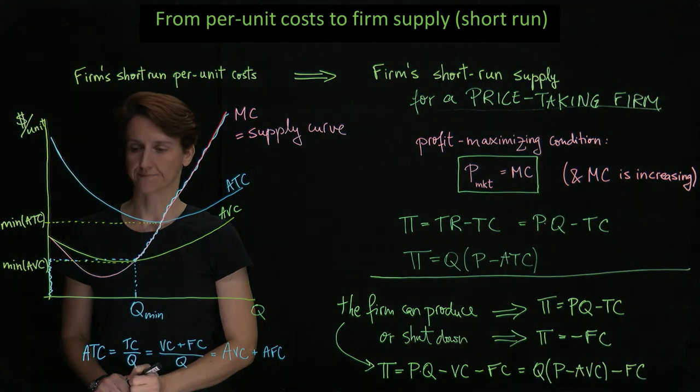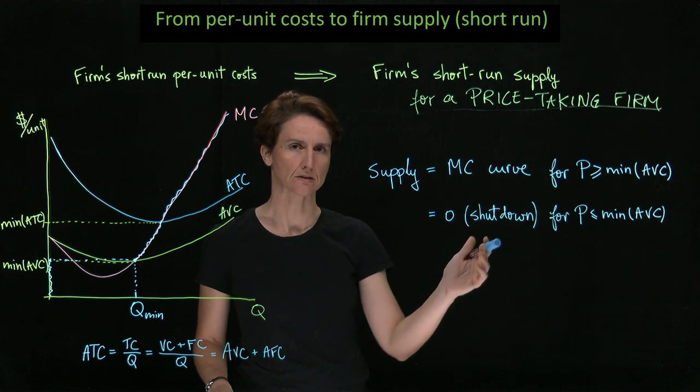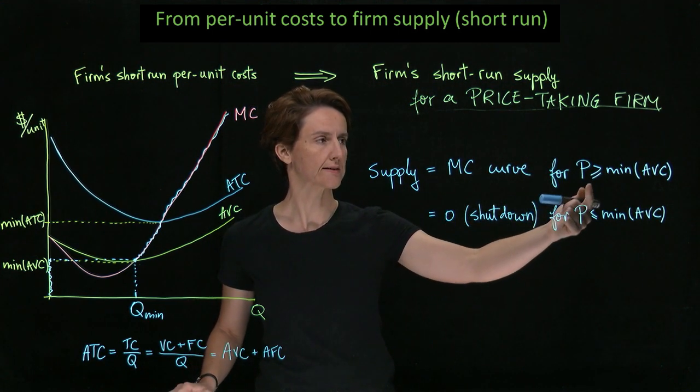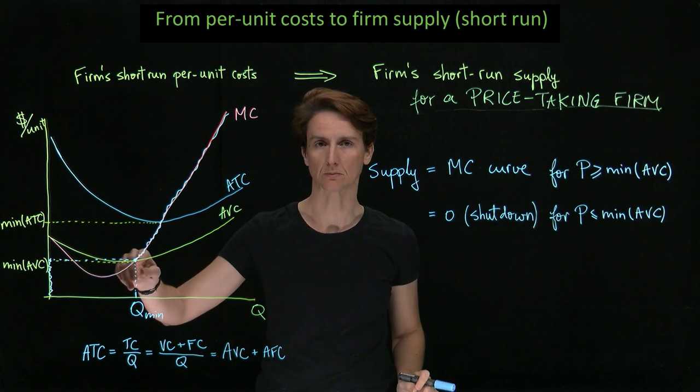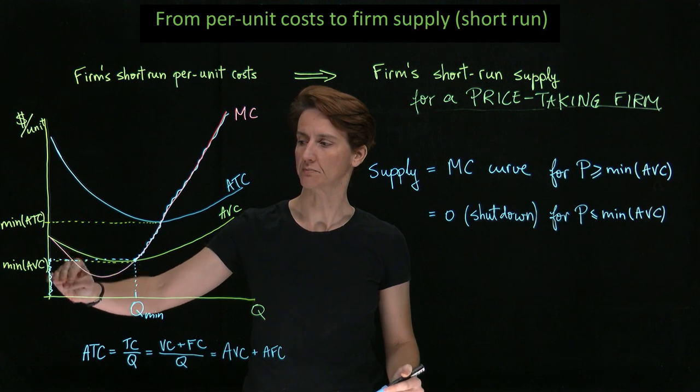To sum up, a price-taking firm's short-run supply curve is given by its marginal cost curve for prices above the minimum of average variable cost, and supply will be 0 for prices below that.